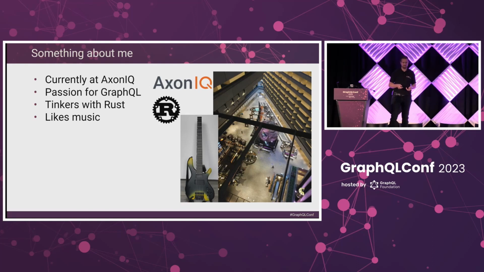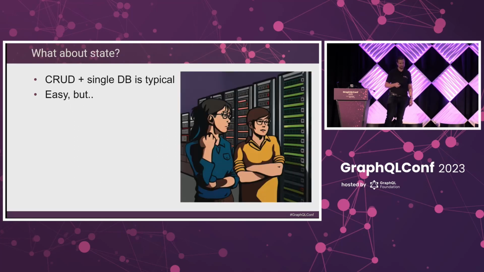I started a library that's using schema registry and doing it in a Java compatible way, and that's recently hit 100K downloads, so that's pretty nice for an open source thing. And because it's Rust, if it compiles, it's fine, so there are hardly any issues. I also like music, so going to concerts and playing bass guitar.